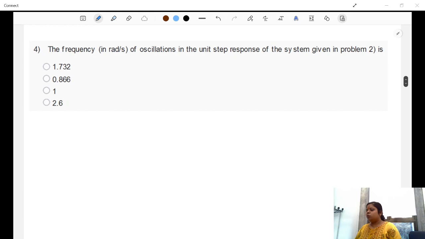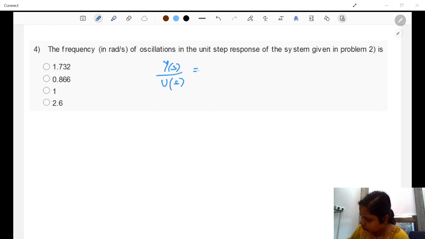Now you knew that it was the natural frequency that was governing there because there was no input given to the system. Now to the same system, we are going to give some input. So what was the transfer function? Y(s) upon U(s) is equal to 1 upon s square plus 3s plus 9. Now we want to give a unit step to the system.